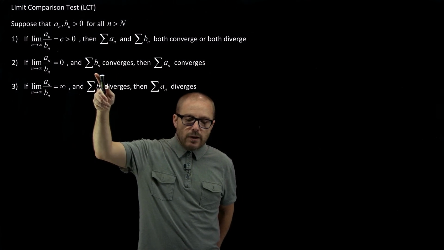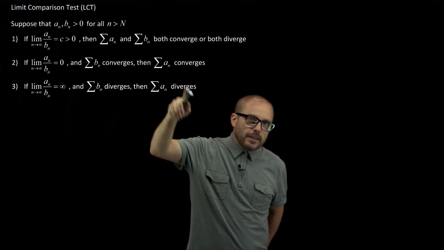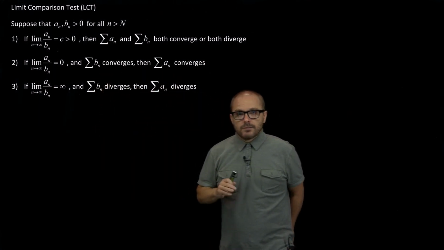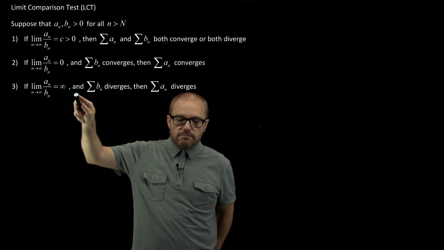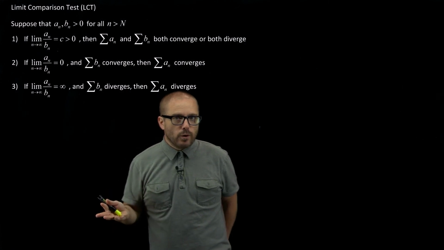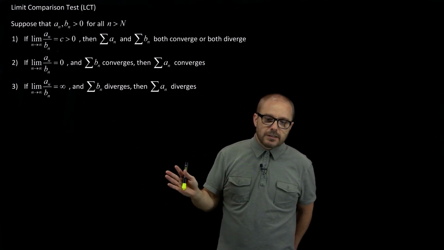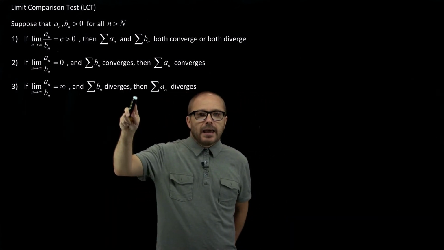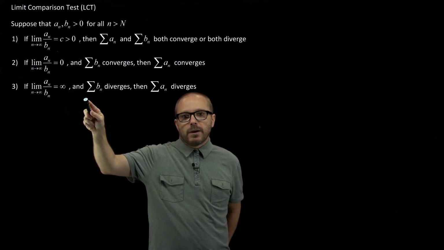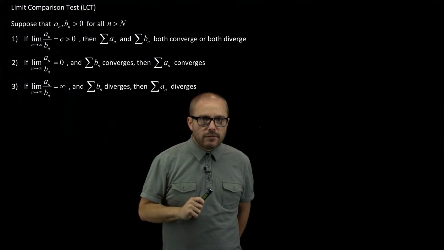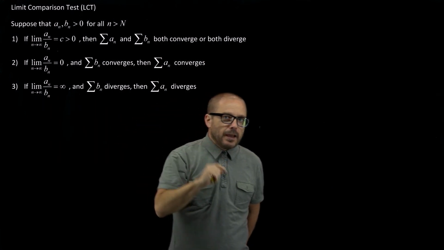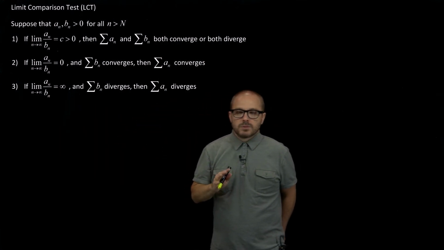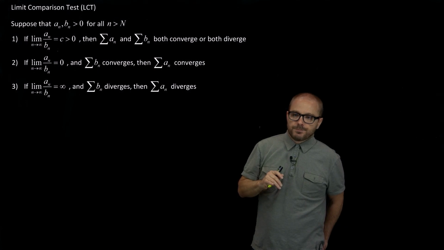Because now if you know that that series converges, then your unknown one will converge as well. And on the flip side, if that limit's infinity, which before we said was inconclusive, we can actually say something. If the series you compared with diverges, and again, the key is it's on the bottom there, then you can conclude that your unknown series diverges as well.